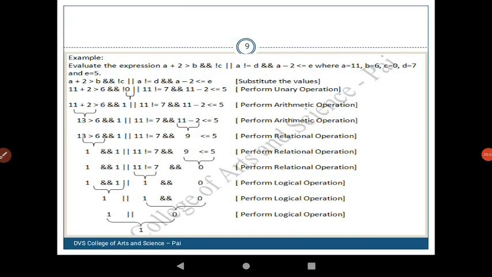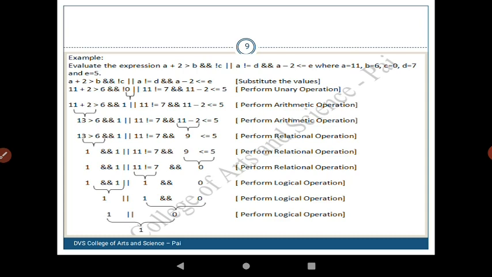Now since we are not having any other arithmetic expressions left in the given example, we can go towards our next rule, that is perform relational operation. The relational expressions that are present in our expression are 13 greater than 6, 11 not equal to 7 and 9 less than or equal to 5.